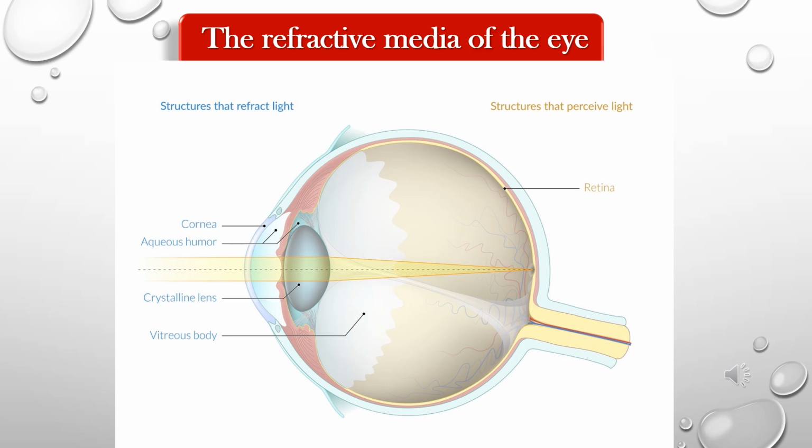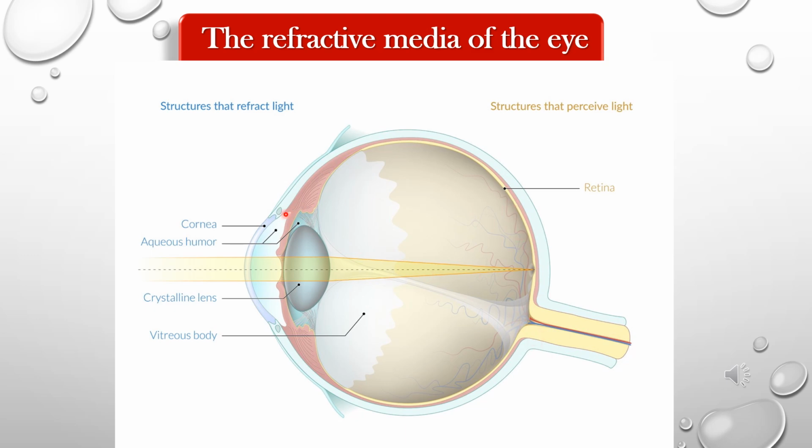What are the refractive media of the eye? These are four transparent structures of the eye through which the light passes to reach the retina.